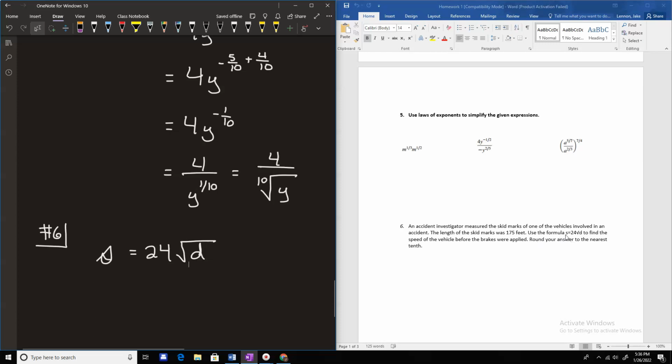I'm guessing s is speed and d is the length of the skid marks, the distance. So basically you're just using that 175 number here and then simplifying. Since it doesn't mention it exactly, we'll say s is equal to speed and d is equal to length of skid marks.